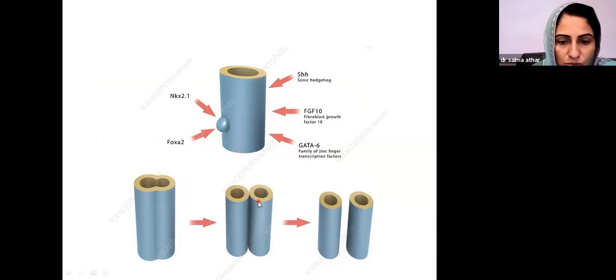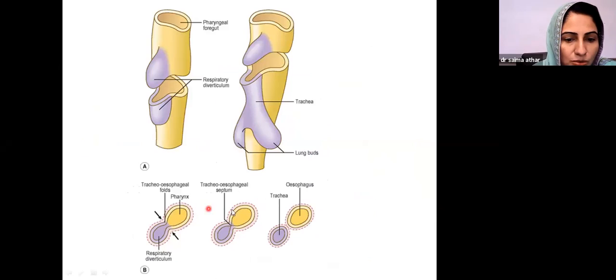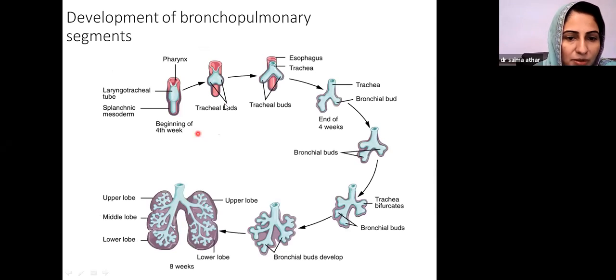Ultimately, we get the 2 normal structures. So the tracheoesophageal septum will develop, and it will completely separate from the esophagus. Okay, this we have just seen. After this development, when separation has occurred, there is division of the bronchial buds into 3 and 2 on right and left side. ठीक, उसके बाद क्या होगा? The next step is the development of bronchopulmonary segments.